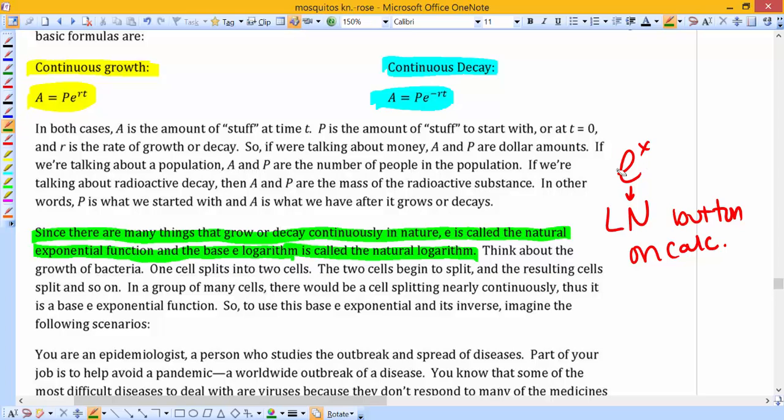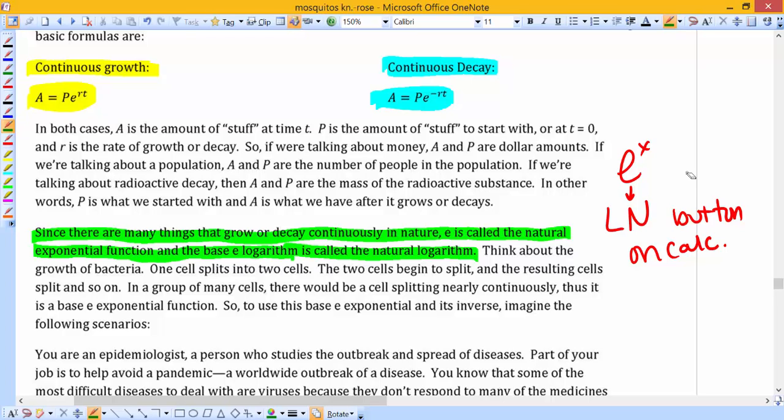So we have e to the x. Just like the logarithm and an exponential function go together, e to the x goes with what is called the natural log. But for whatever reason, it is actually called ln on your calculator. So it's probably something like the logarithm natural or something. But it is called the natural log, and they undo each other.